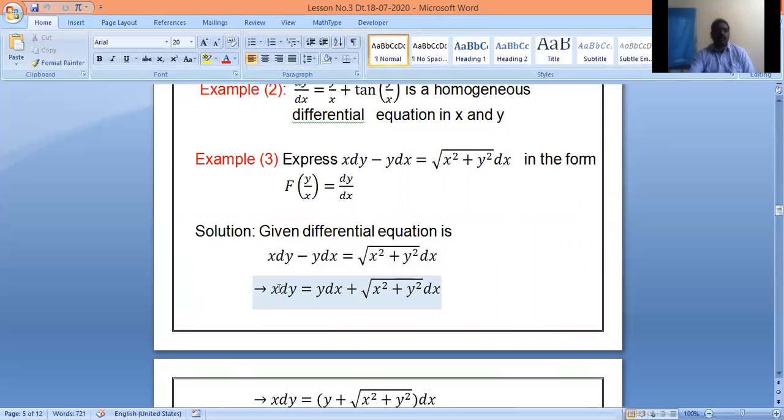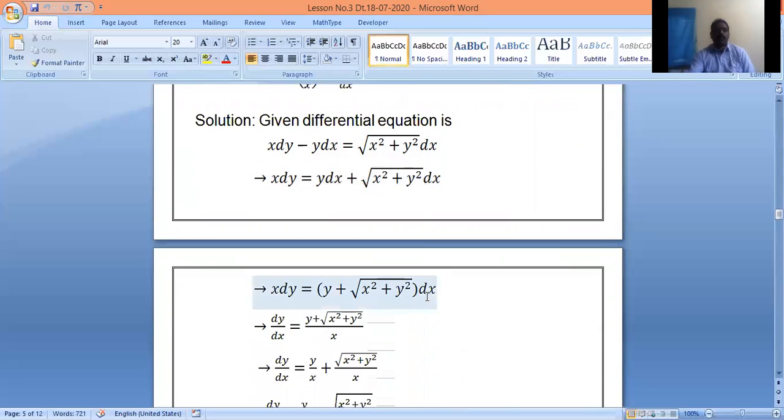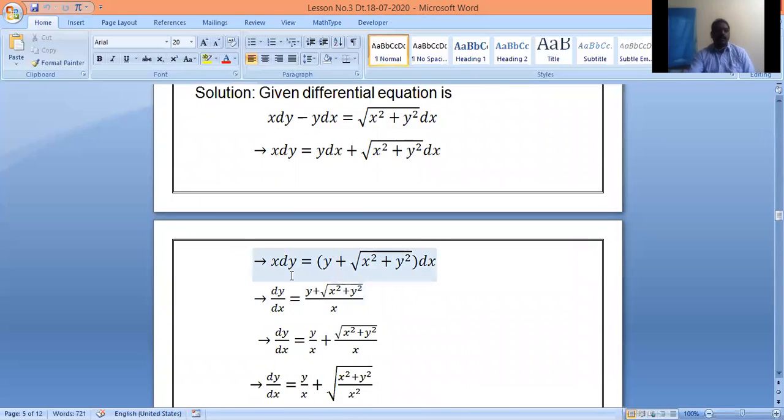That implies x dy is equal to y dx plus under root of x square plus y square into dx. That implies x dy is equal to y plus under root of x square plus y square, whole dx. By taking dx to the left side, we get dy by dx is equal to y plus under root of x square plus y square by x.